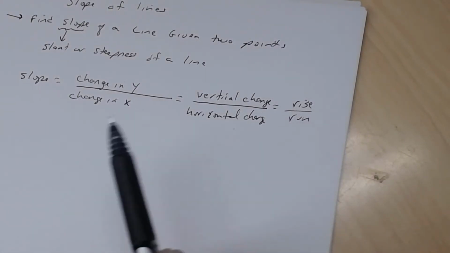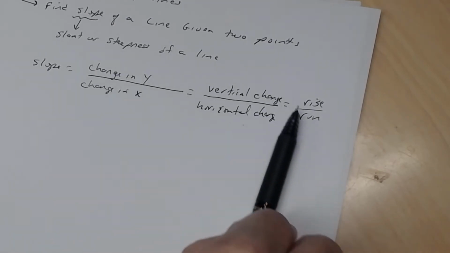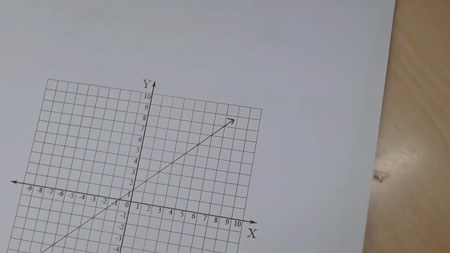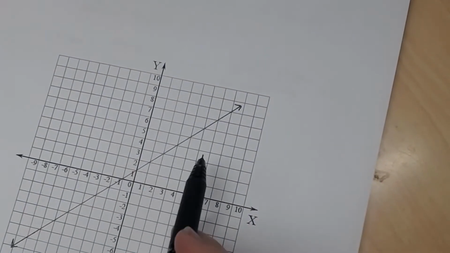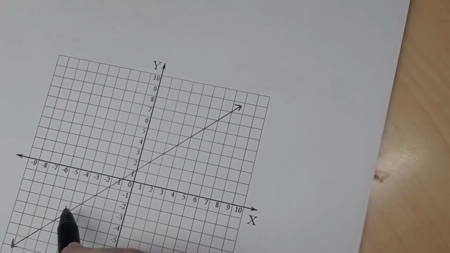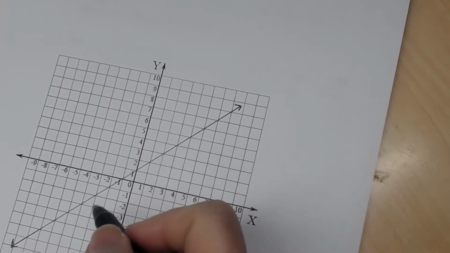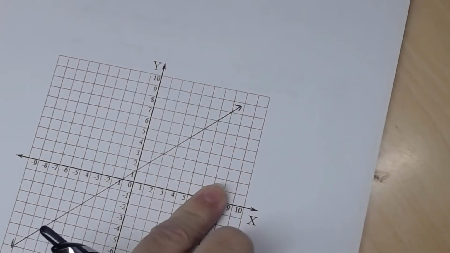Okay? All right, now here's how you're going to use this idea of the definition of slope. Let's go back to the lines that we drew earlier, to this line right here. This line has an infinite number of points. Remember, these points are solutions to the equation that developed this line.